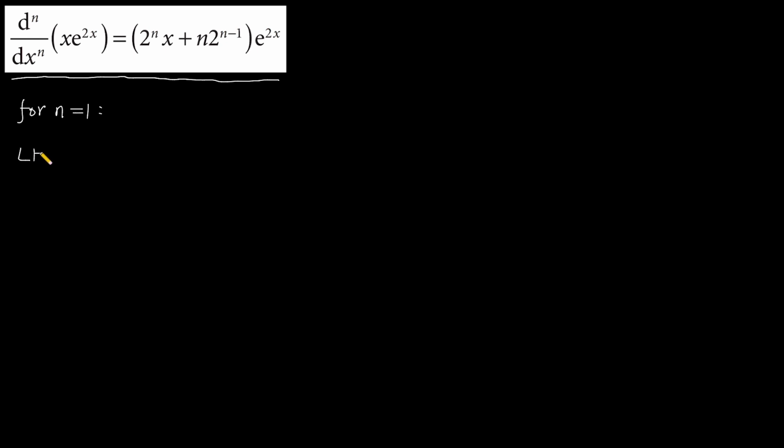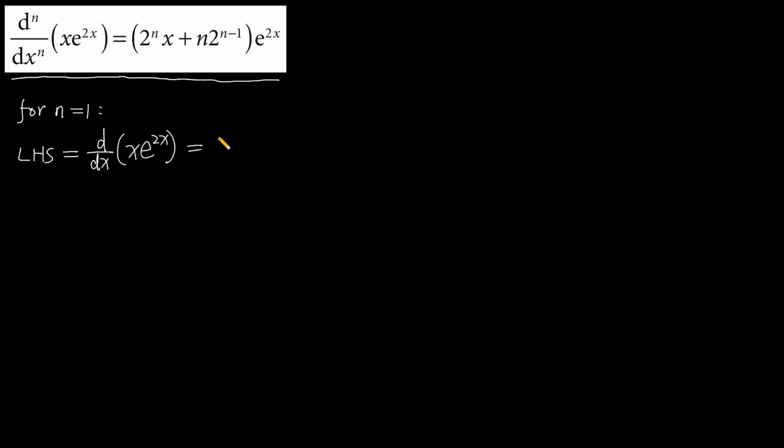the left hand side equals d/dx of x multiplied by e to the power of 2x. And this equals, so use the product rule.